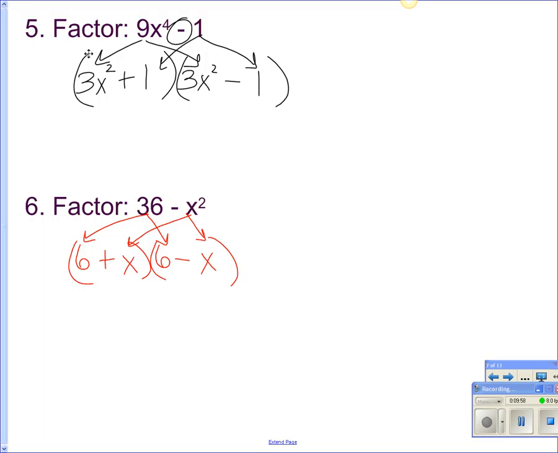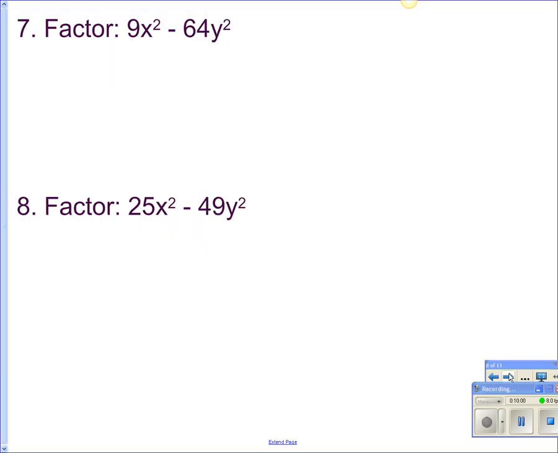All right, let's do a couple more. Number 7, 9x squared minus 64y squared. All right, Gracie, tell me about this one. Okay.